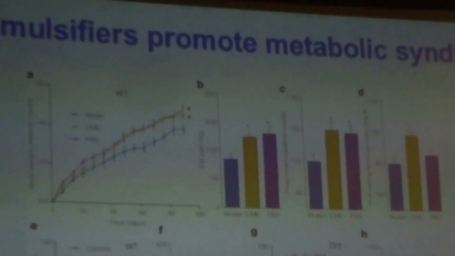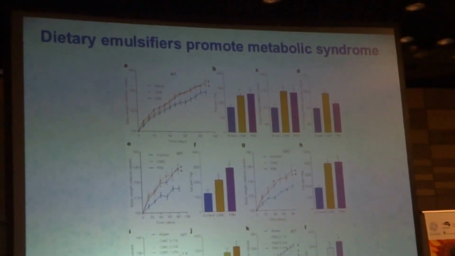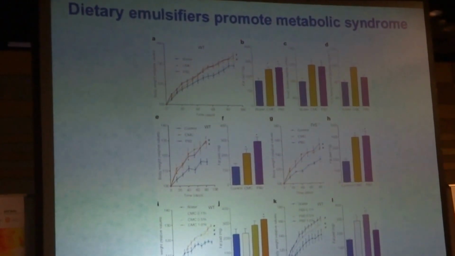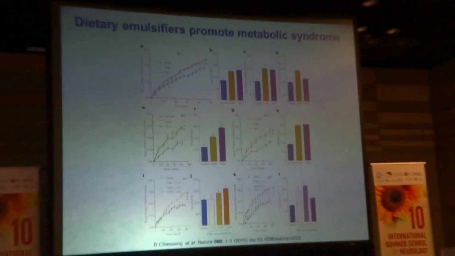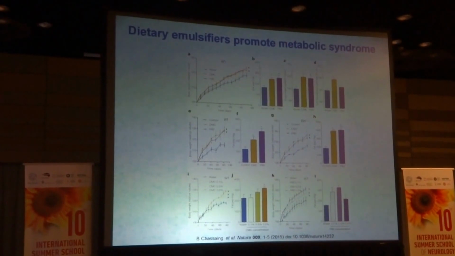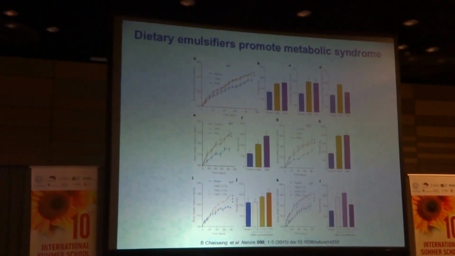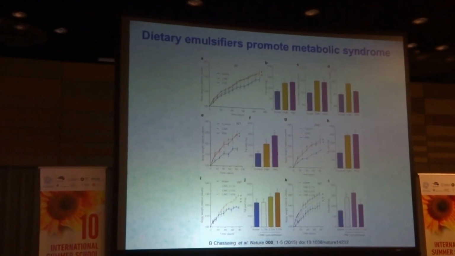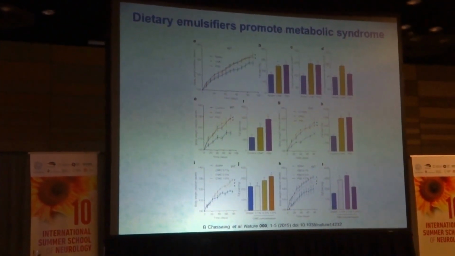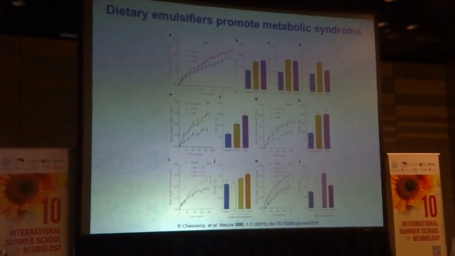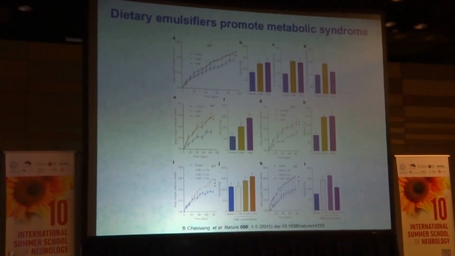Now, talking about inflammation and cognition in the elderly, I came across a fascinating paper that came out in Nature a few months ago, looking at the effect of dietary emulsifiers and metabolic syndrome. Metabolic syndrome is found oftentimes in the elderly, and it's a good example of low-grade but persistent inflammation characterized by obesity, failure to control blood glucose, and also fat accumulation.